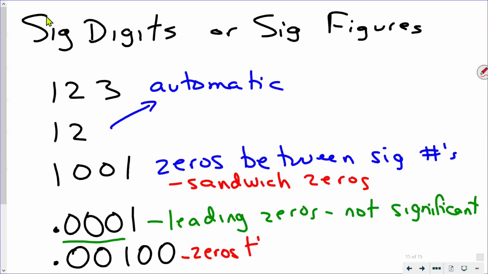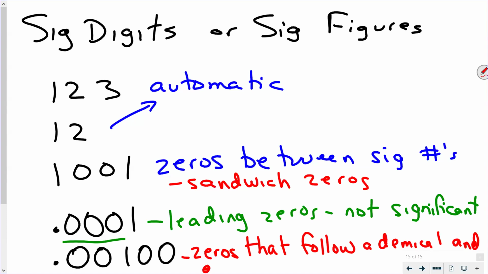Zeros that follow a decimal and a significant number are significant, right? So in this case, we have that one, and this is helpful to refresh our memory.